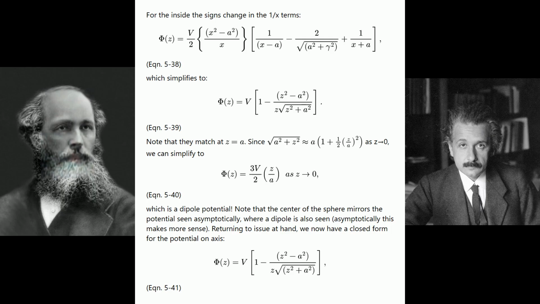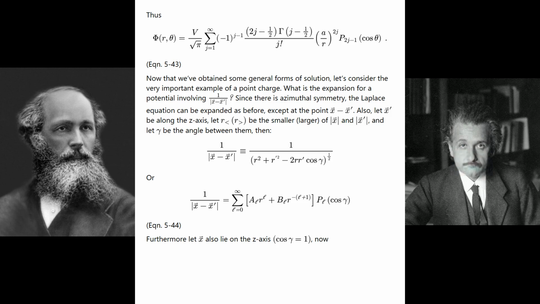By matching this with phi of r, theta equals the sum from ℓ equals 0 to infinity of A_ℓ r to the ℓth power plus B_ℓ r to the negative (ℓ+1) power times P_ℓ of cosine theta, where r equals z and cosine theta equals 1, we find an alternate way of obtaining the coefficients, with alternate expression see equation 5-42. Thus see equation 5-43 that follows.